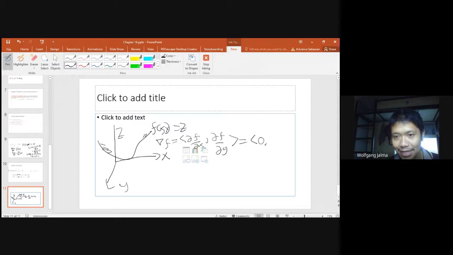So 0 to the x and 0 to the y is basically here, which means that there is no elevation there. So it is either the minimum or the maximum.